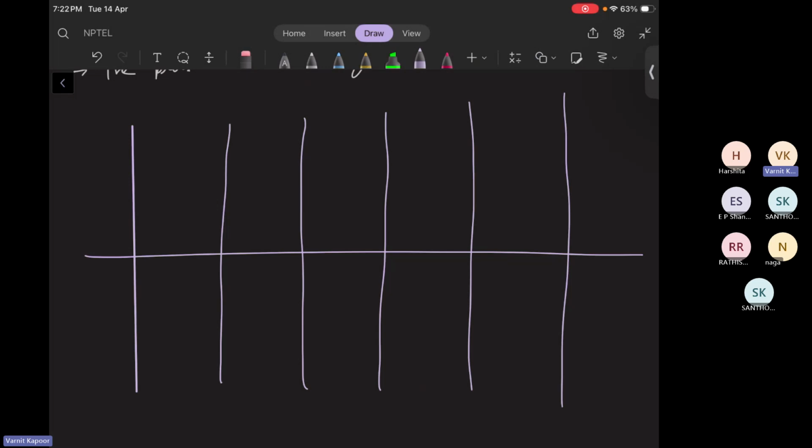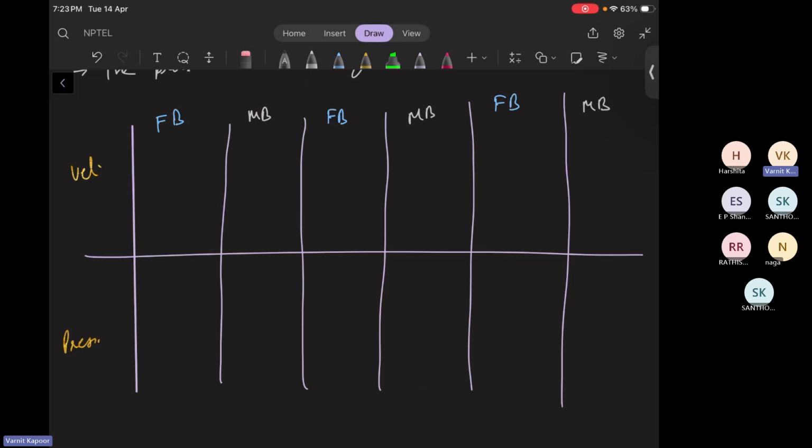Velocity above and pressure below. The first stage is the fixed blade, then the moving blade, one stage. Then another stage, fixed blade and moving blade, then another stage, fixed blade, moving blade.